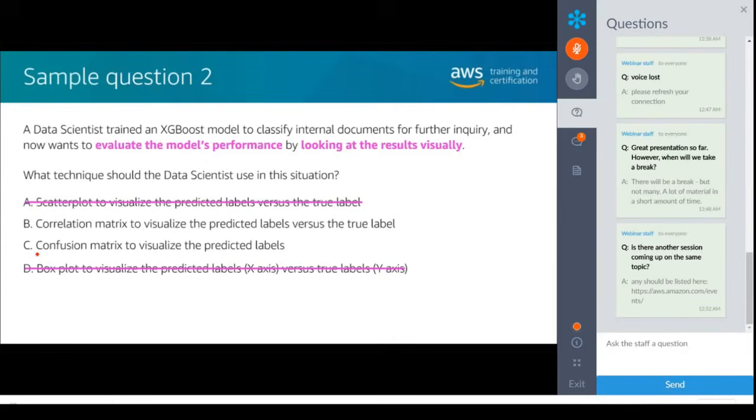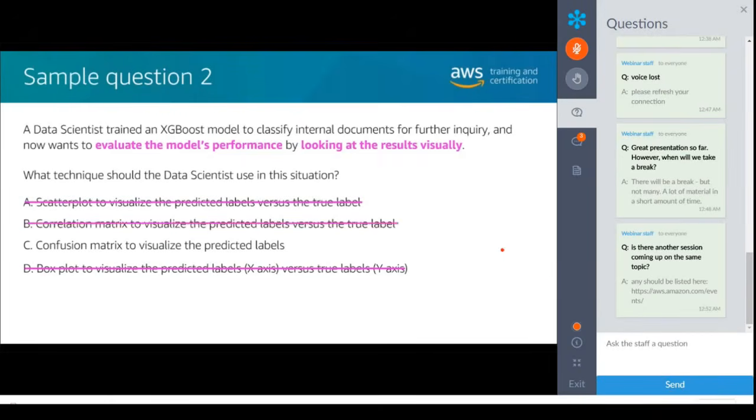A confusion matrix, on the other hand, is what we just talked about, where we're looking at what percentage of true negatives versus false negatives, and what percentage of true positives versus false positives. Remember the grid, where we want to be on the true side. We want to be getting mostly true negatives and true positives, ideally. And that would help me to see what's really happening.